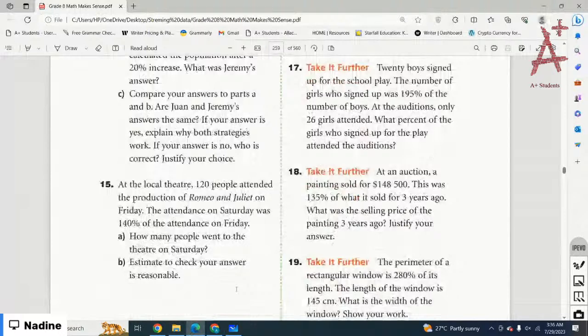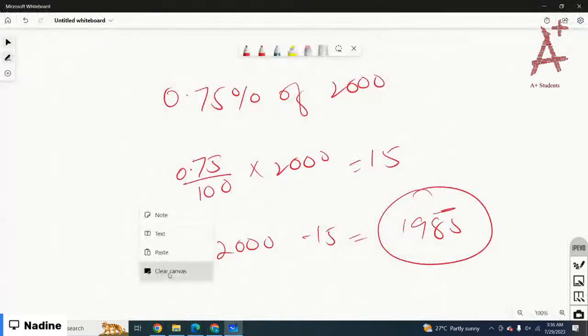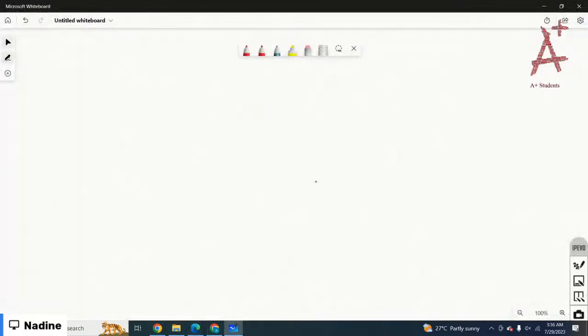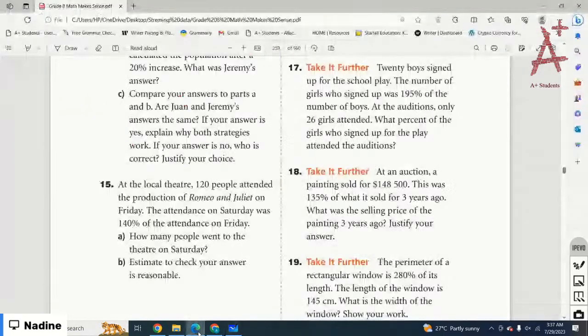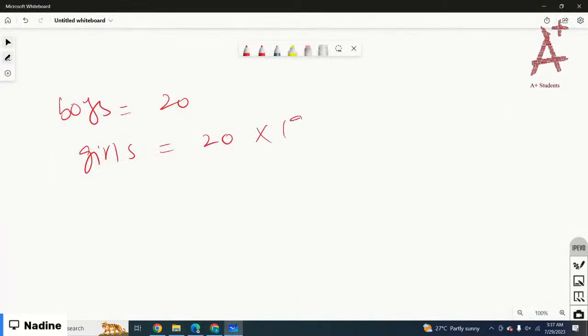Got it? The boys are 20. Girls are 195% of boys. Let's just calculate: 20 times 195 over 100.